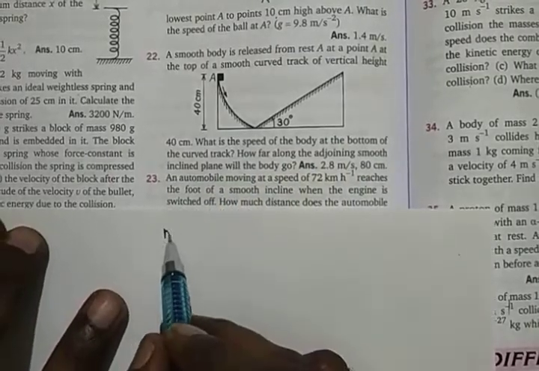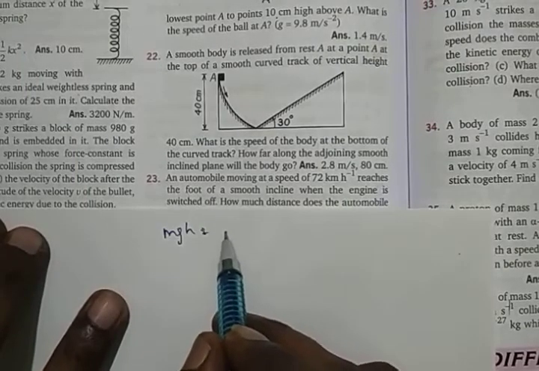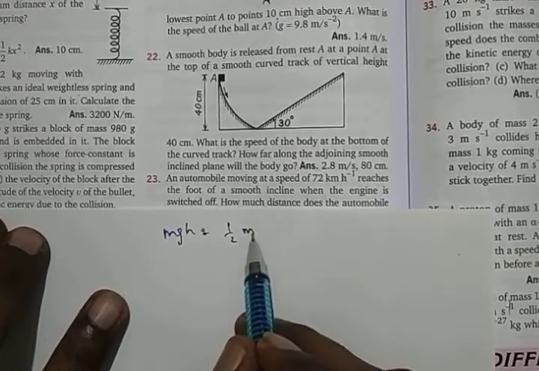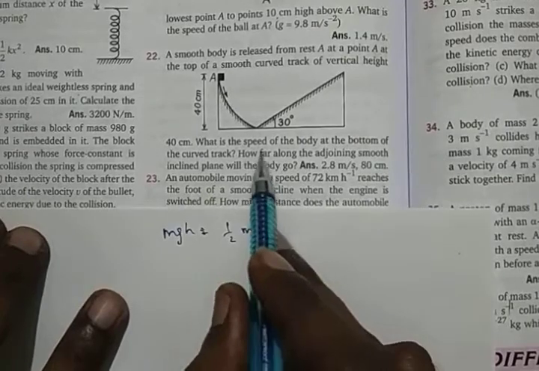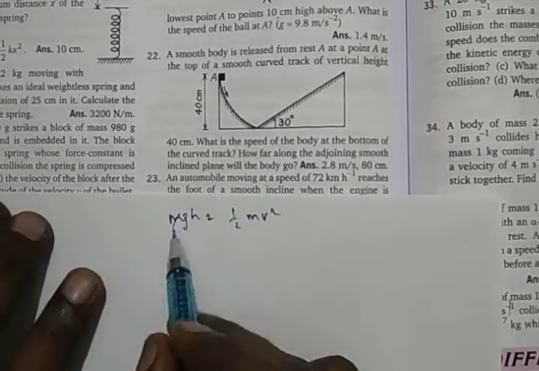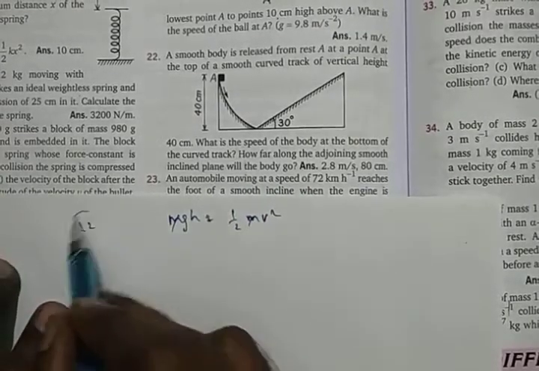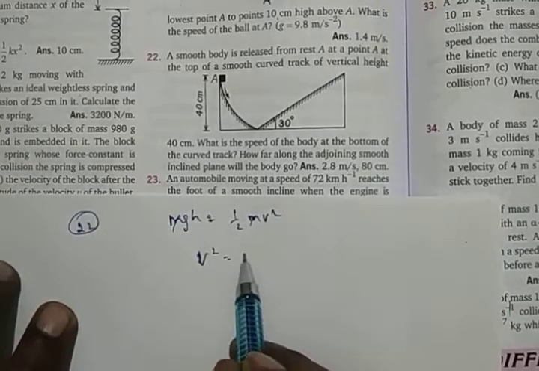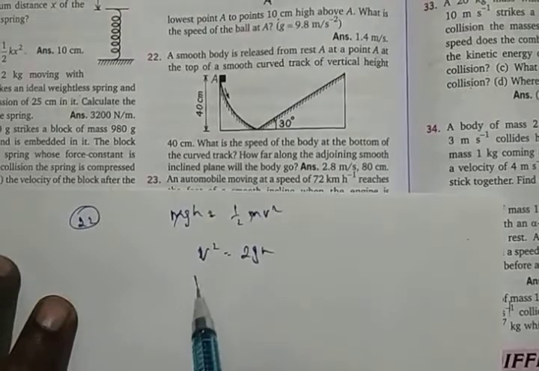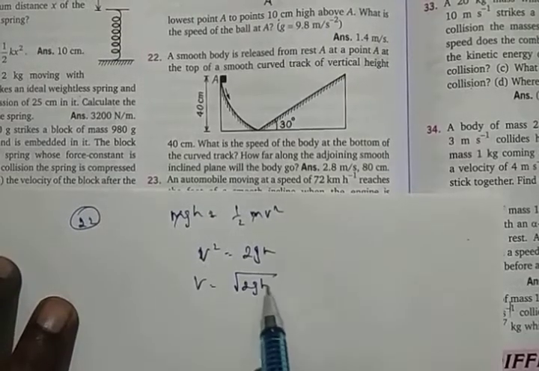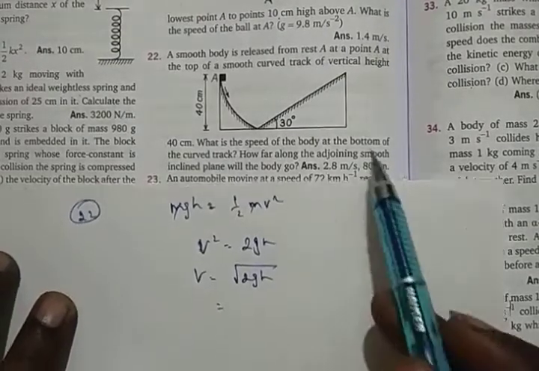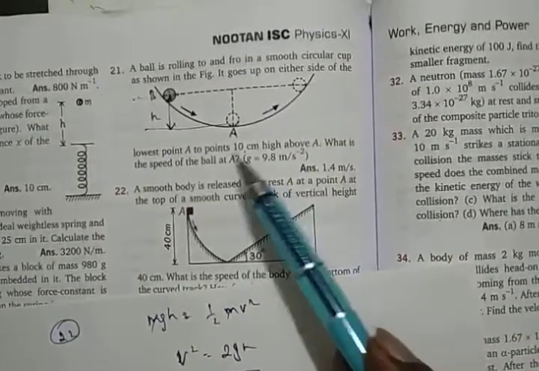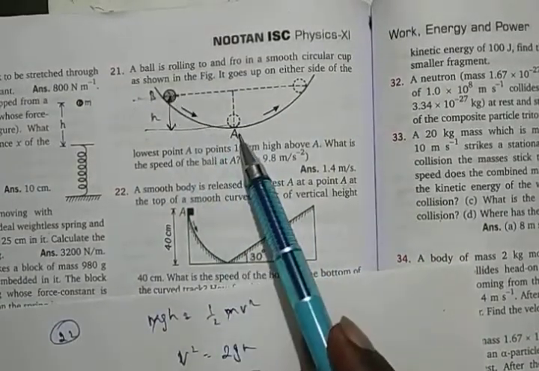So mgh is going to be equal to half mv square. Only speed is asked, the speed at the bottommost point. Mass gets cancelled out, so v square is equal to 2gh, and v is equal to under root 2gh. Whatever we saw in the previous question is the same thing. From here it's coming down.